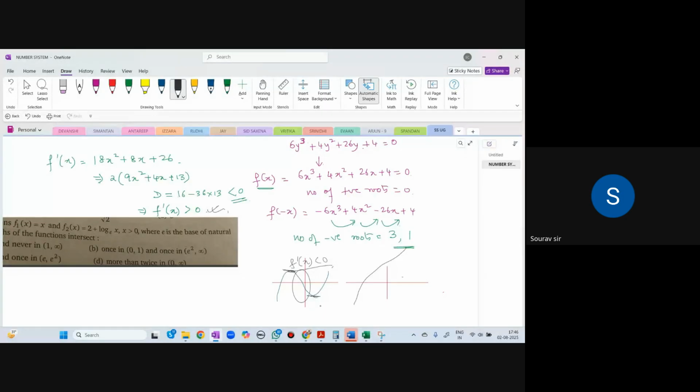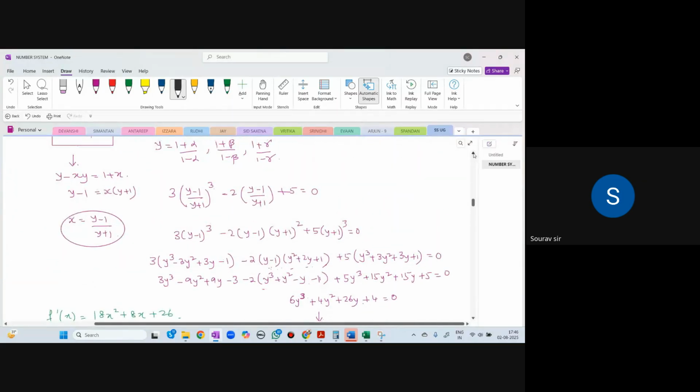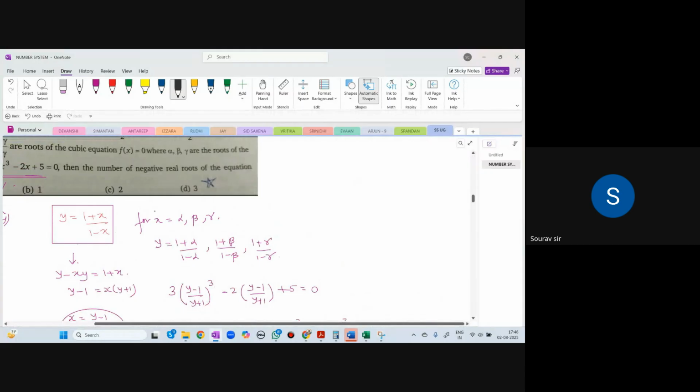Clear to everyone? Can we move to the next one? Yes, sir. Okay. So this question is a very, very critical and important question, because there are two important concepts that I explained here. One is the transformation, from where we were able to transform the given equation to f(y) and subsequently to f(x).